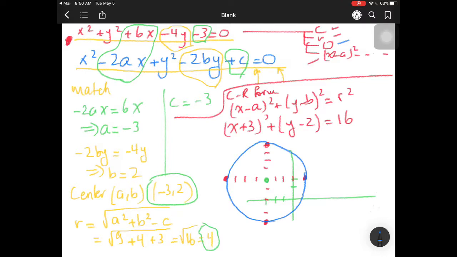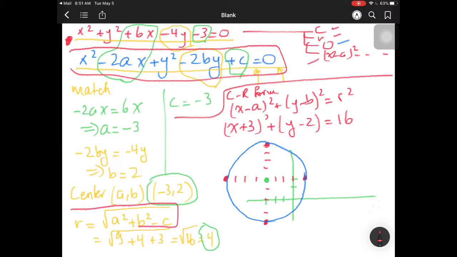So, as I said, the good thing about this method is that it might be a little bit shorter than completing the square. What's not very nice about it is that you have to do some memorizing. As we said, this needs to be memorized, and this also needs to be memorized.